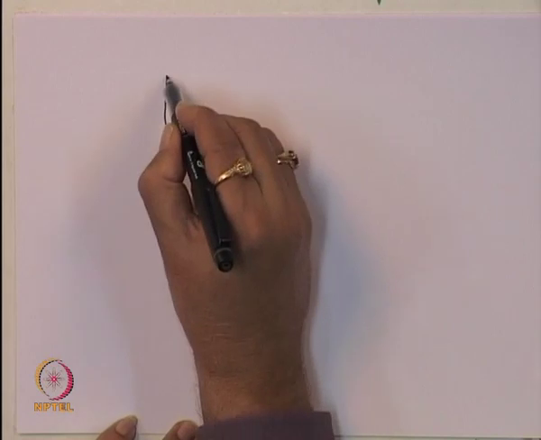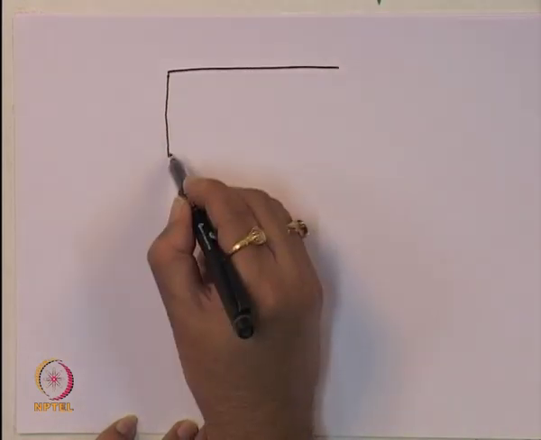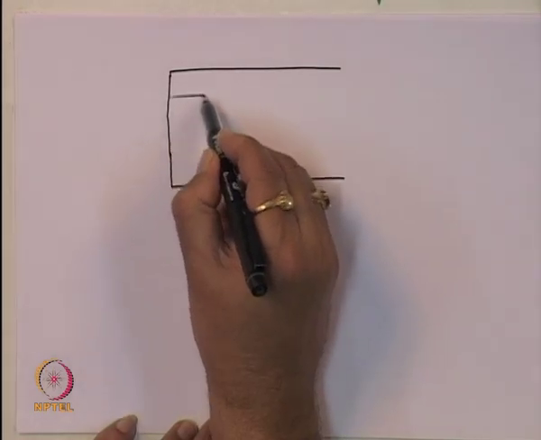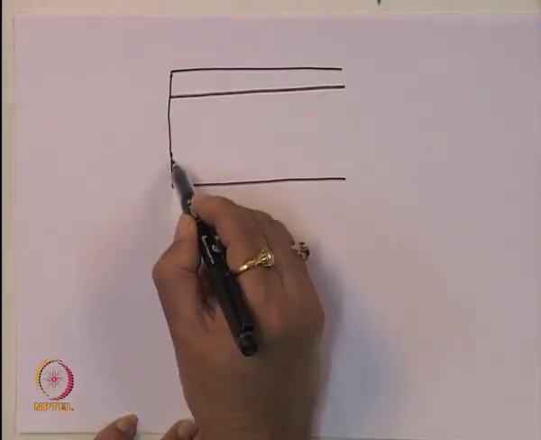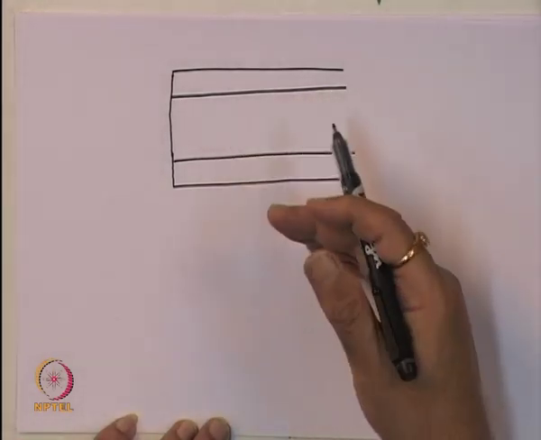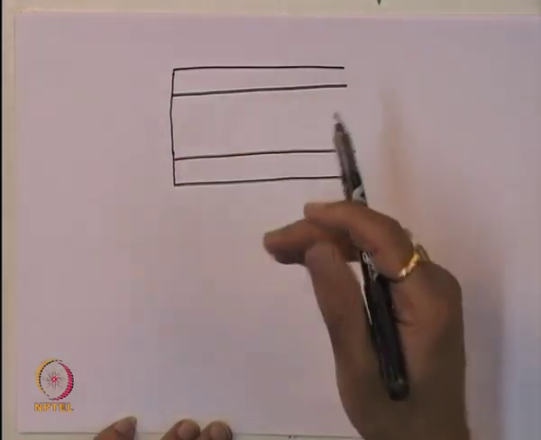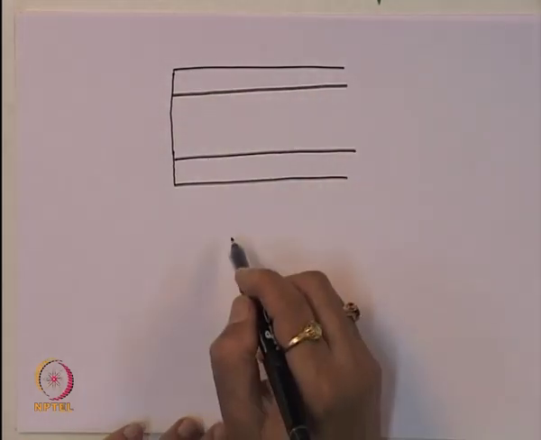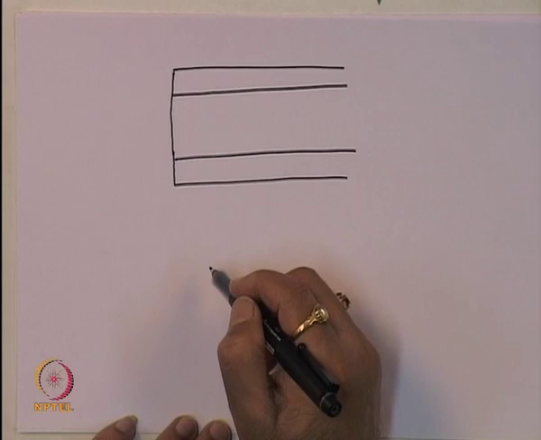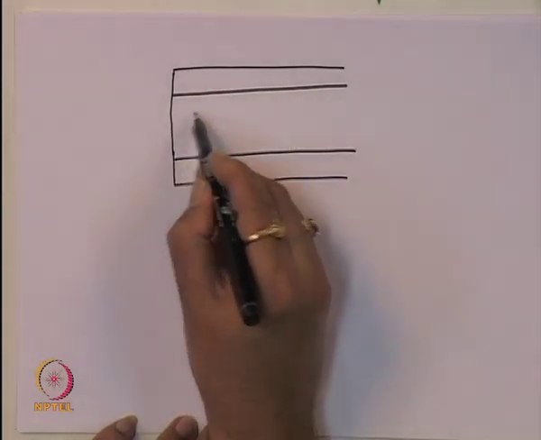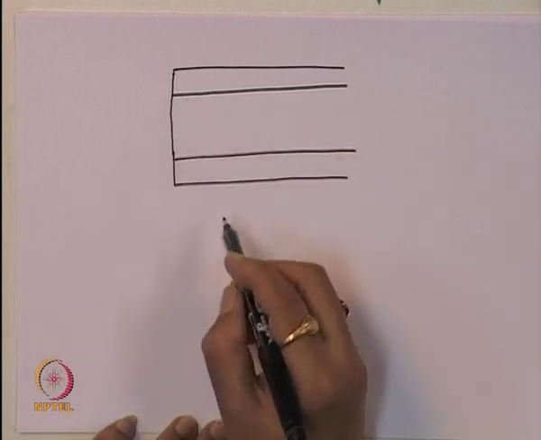We are having a tube of glass, and the tube wall has some thickness. So, this is the tube. If I take a glass tube and just cut it by a plane, that is the way the cross section of the tube would look. So, this is glass, and here the tube is filled with water.